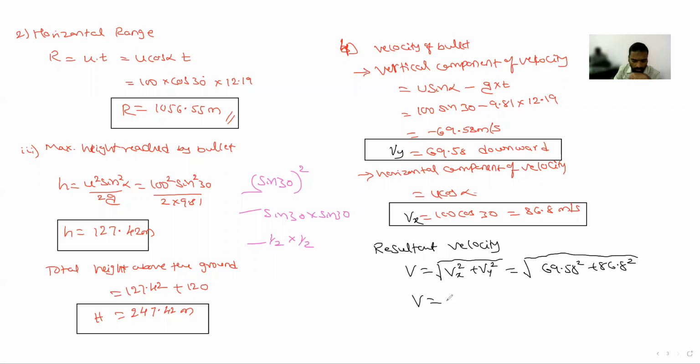So total v is equal to 111.24 meter per second. Okay, this is the method.